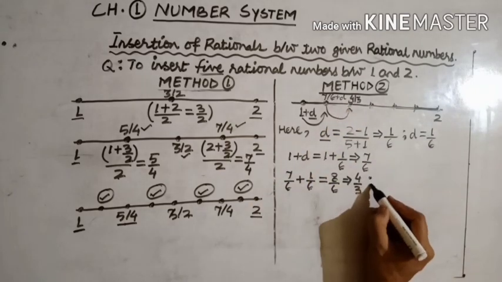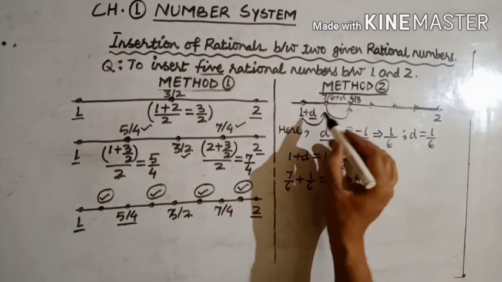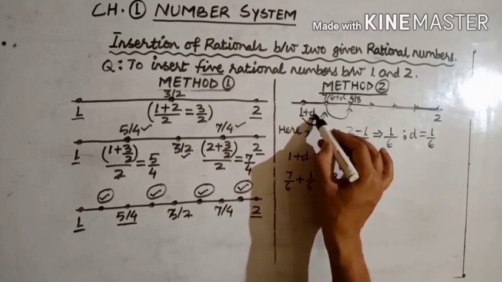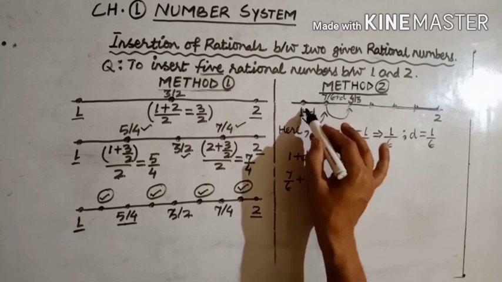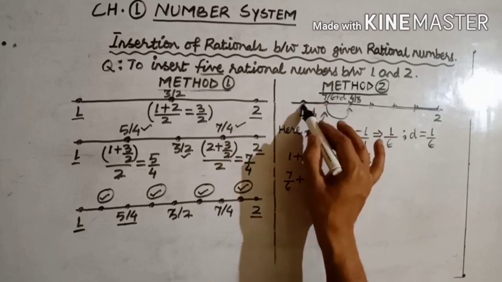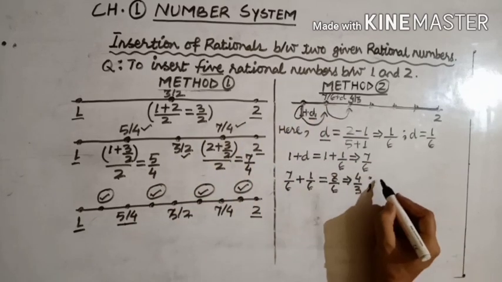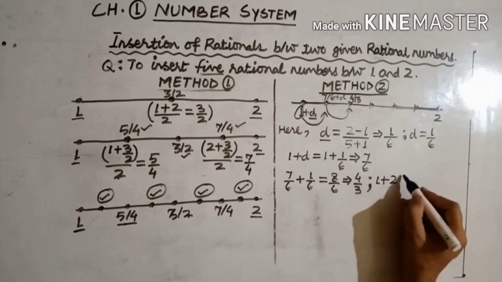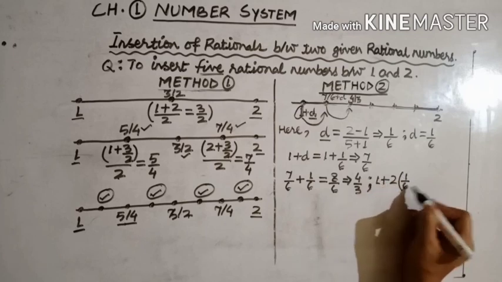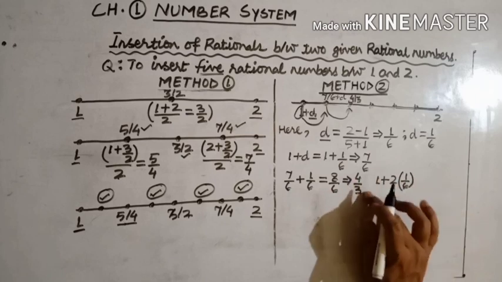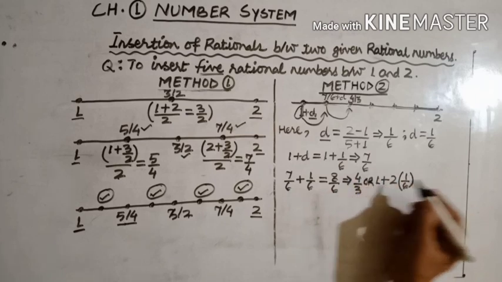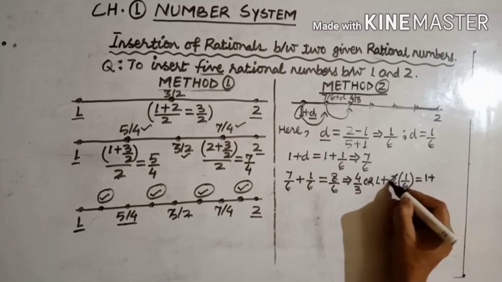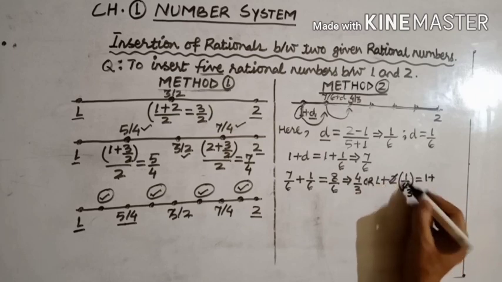The same you may calculate if D plus D, that is 2D, is added to 1. This you may calculate as 1 plus 2D, that is 1 plus 1 by 3.